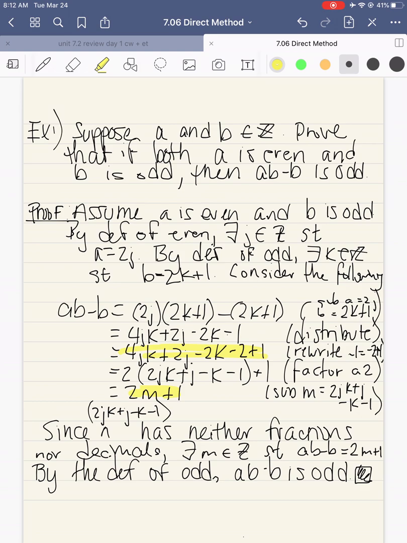But if we were to start with what we wanted, we might be able to work ourselves there. So don't panic if this is something that you wouldn't have thought of right away. It's definitely something that I didn't think of right away. But as you do this more often, you get closer and closer to thinking in this methodology. Okay, so the last 2 examples were just direct proofs.